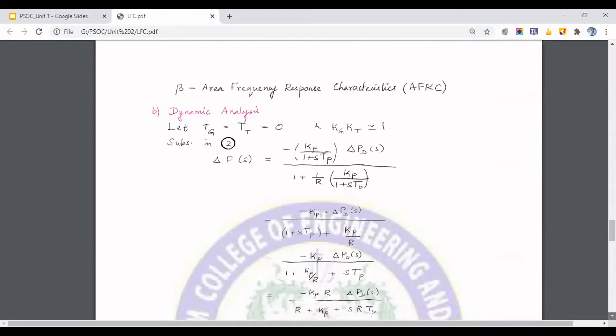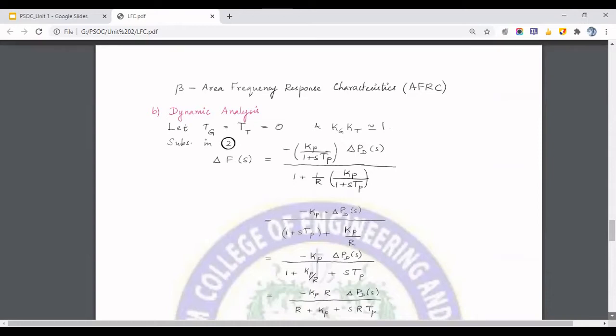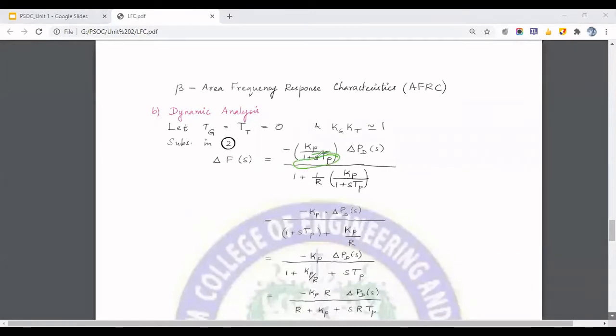Now let me bring this 1 plus STP to the denominator completely and multiply it through all the terms. When I do that, I get 1 plus STP plus Kp divided by R.